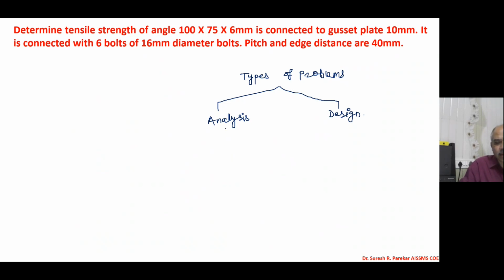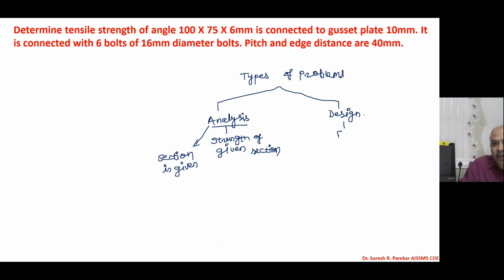In analysis, we have to determine the strength of the given section. What does it mean? In analysis, the section is given, and we have to find the strength of that section. That is your analysis. What is design?